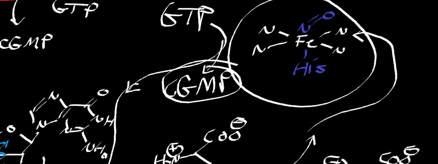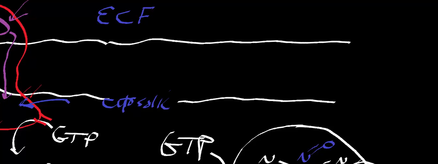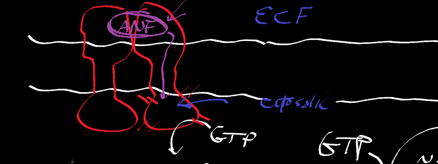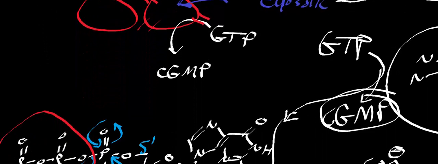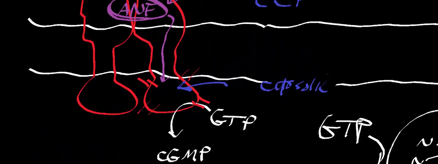So in either case, whether you're talking about ANF or nitric oxide, you're going to get a rise in intracellular cyclic GMP, but it does so through a different mechanism. In the case of atrial natriuretic factor, that's a homodimer in the membrane. And so the actual ANF binds extracellularly, and you get a rise in cyclic GMP through the actual receptor's cytosolic catalytic protein.